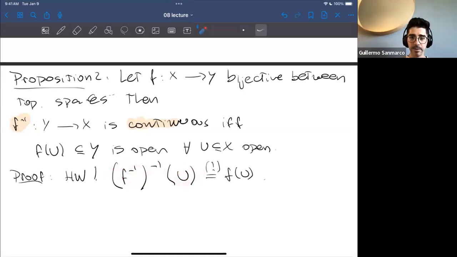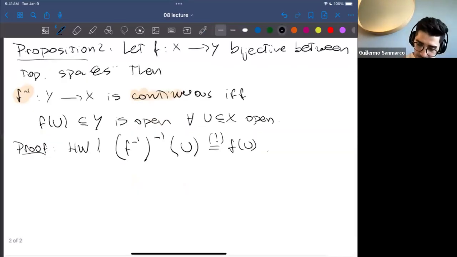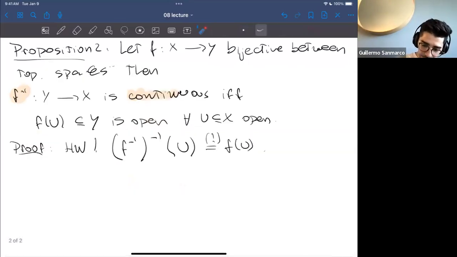So in other words, this is telling you that if you want to show the inverse of a function is continuous, you only need to verify something about the function itself. Of course, this is something that will have a name. So that's the next definition.